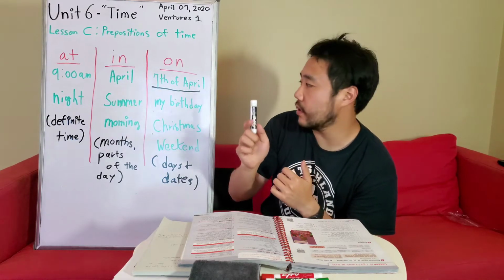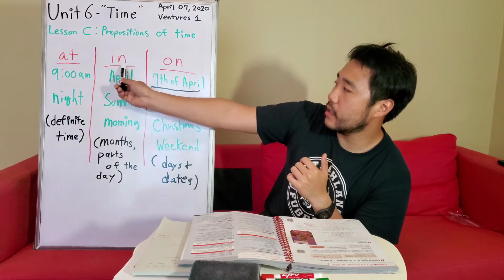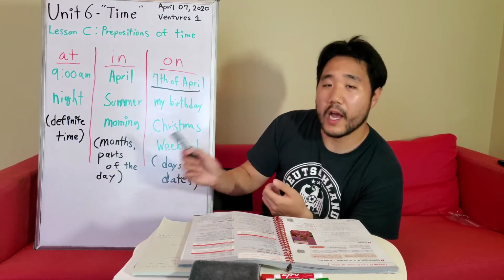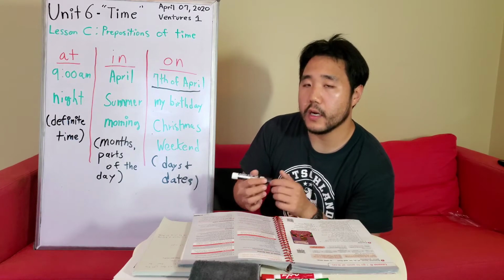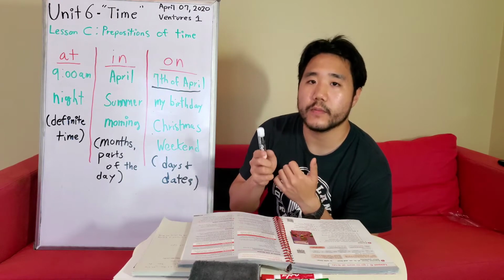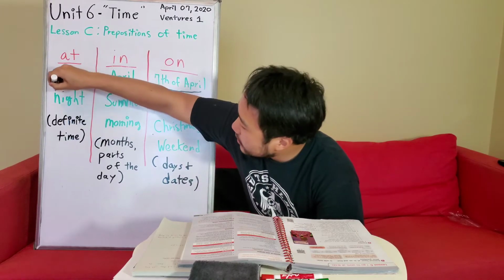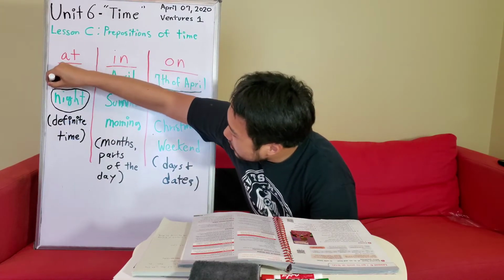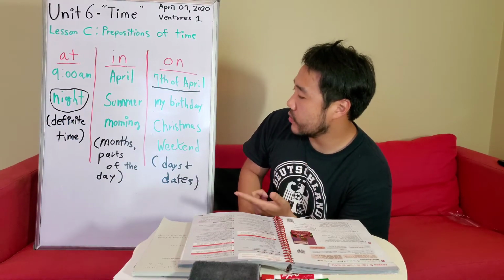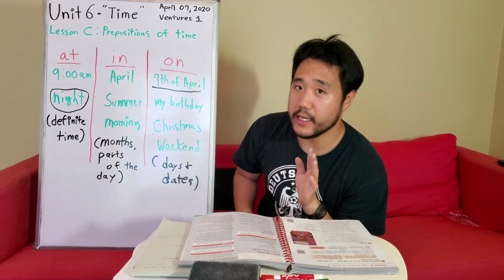Oh, I forgot to say one more thing. I told you about the preposition in, and how it talks about parts of the day. However, the word night, you're not supposed to use in. You're supposed to use at. So you say in the morning, in the afternoon, in the evening, but you say at night, not in the night.